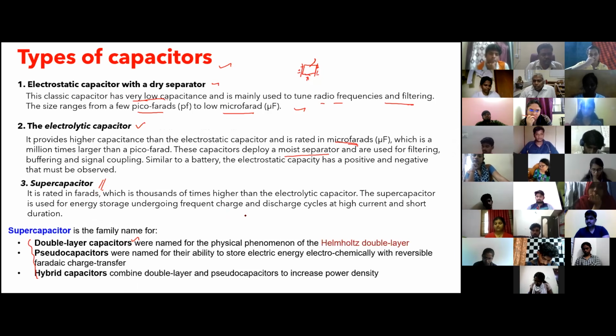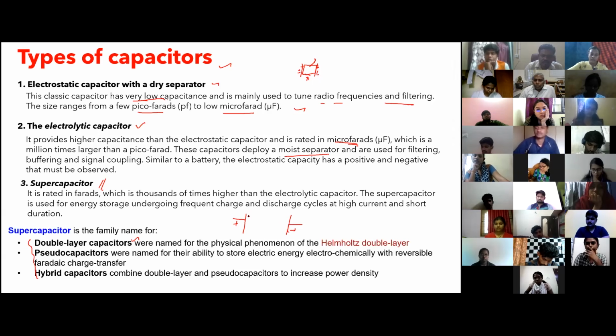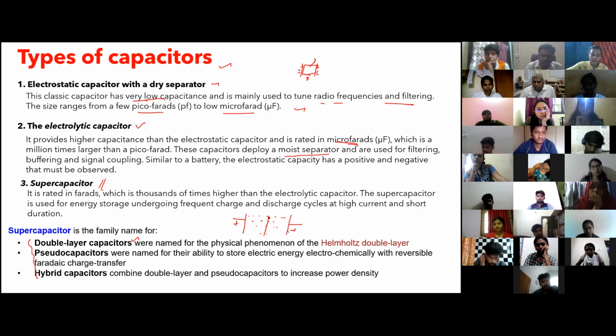And what is happening here? You have one electrode, another electrode here. Let's say you charge one positively and the other negatively. Usually you have an electrolyte here, but in addition to the electrolyte, you put a separate layer, which is called a separator.